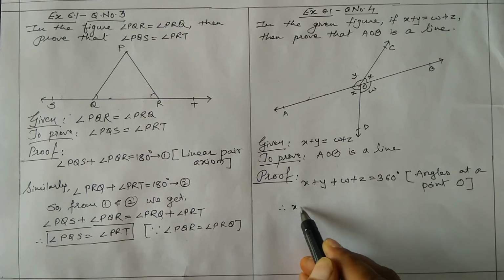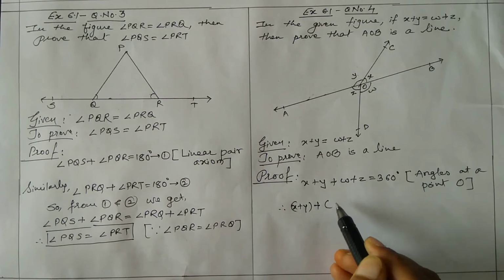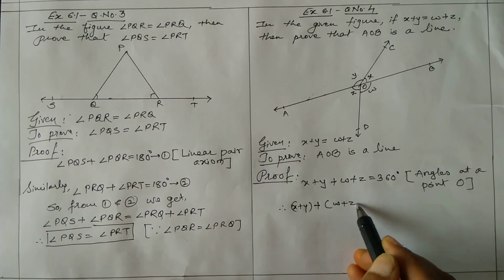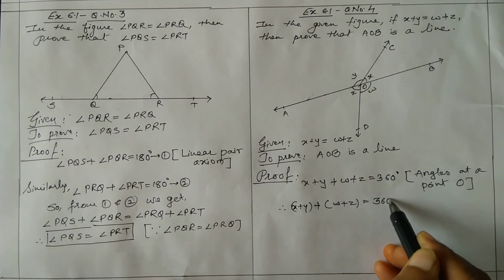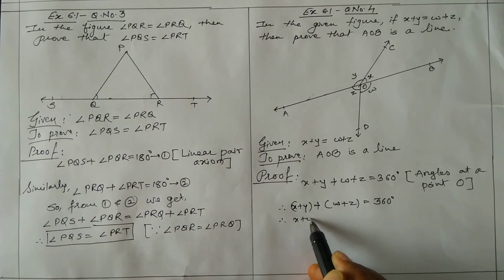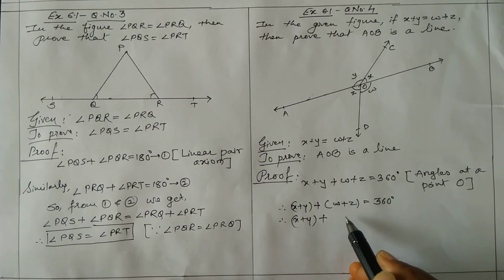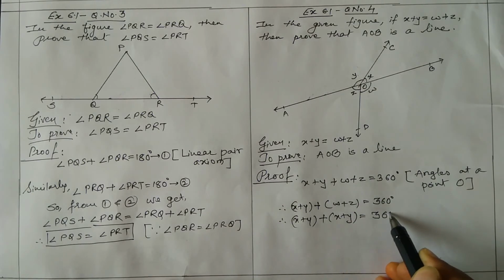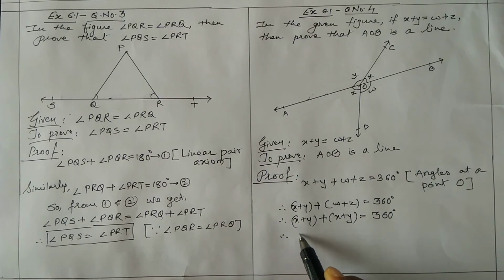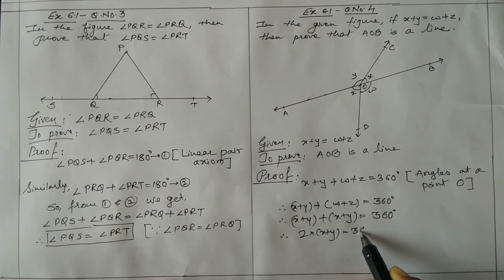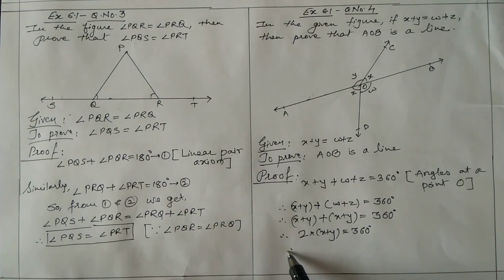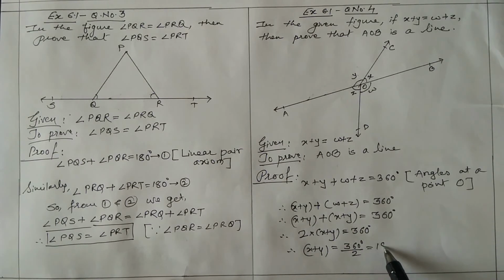So x plus y in brackets, again w plus z in brackets, is equal to 360 degrees. Now replace w plus z by x plus y. How many times x plus y? 2 times x plus y is equal to 360 degrees. Therefore x plus y is equal to 360 degrees divided by 2, and that is 180 degrees.